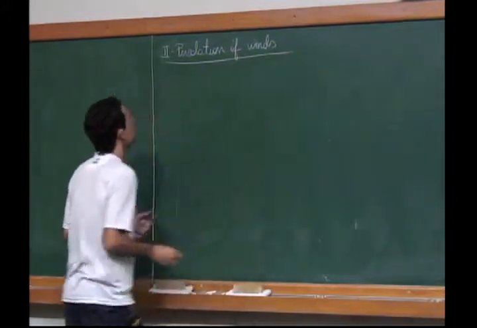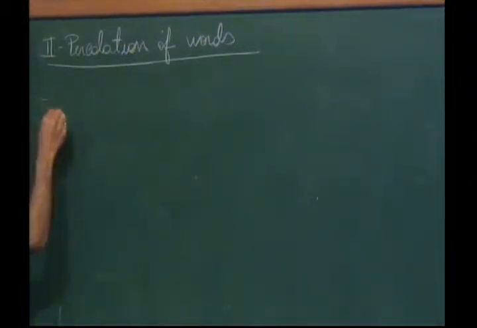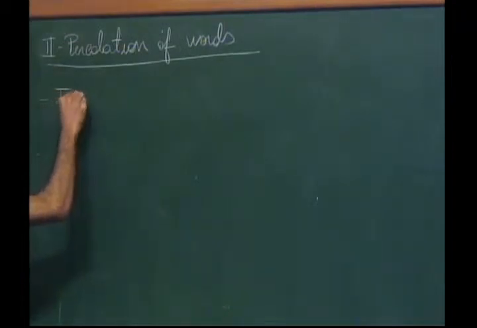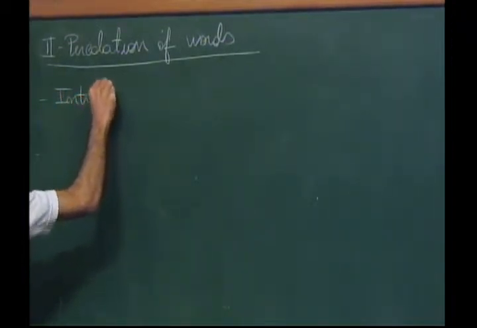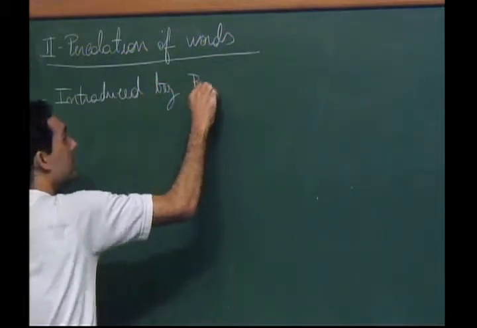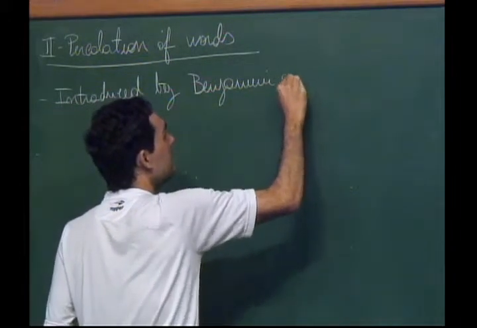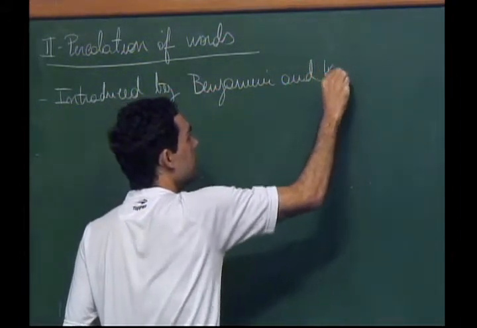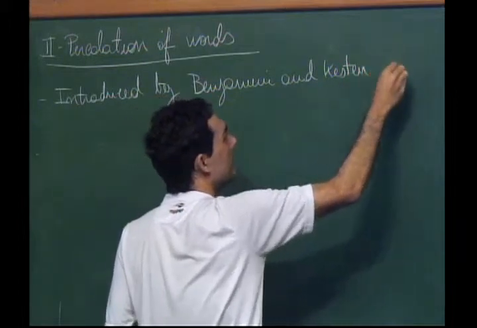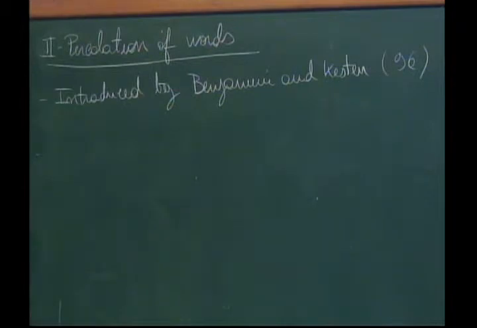Now, I will define some variation of this percolation model, called percolation of words. This model was introduced by Benjamini and Kesten in '96, and the model is the following.